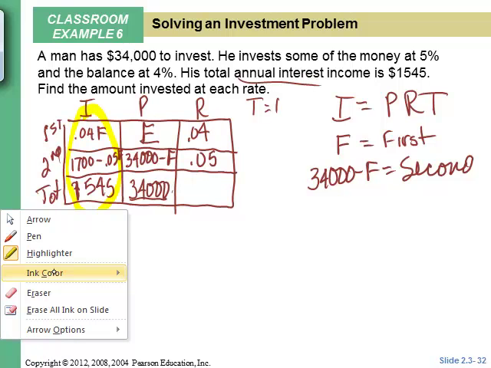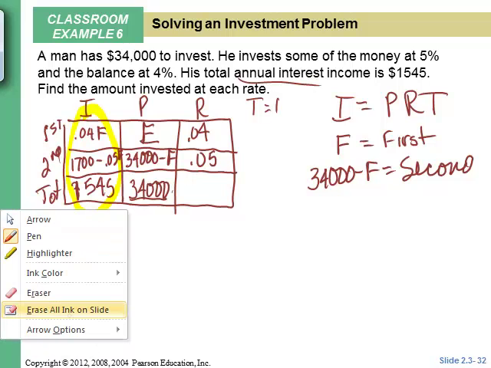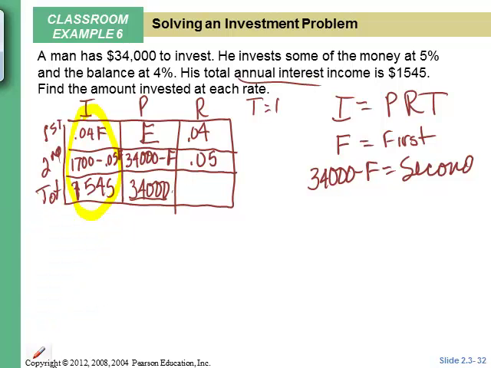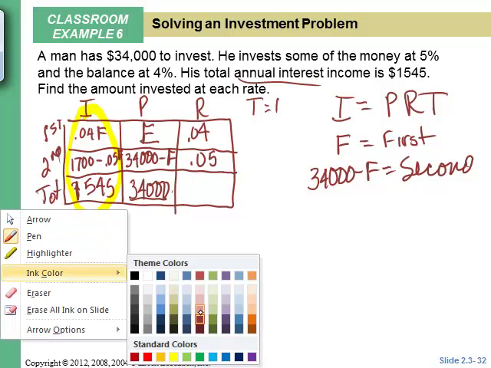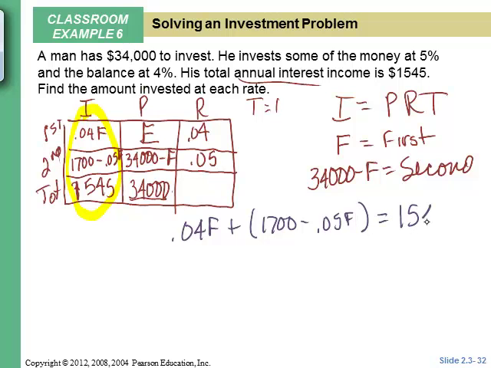How do we go about doing that? Well, let's write the equation. The first two added together, 0.04 F plus 1,700 minus 0.05 F will be the total interest, $1,545.